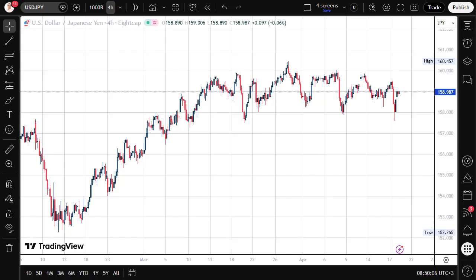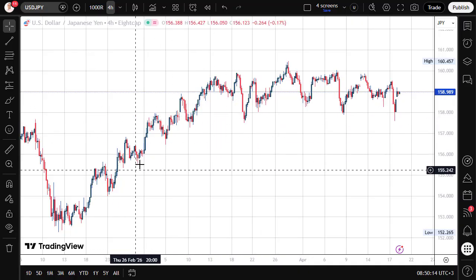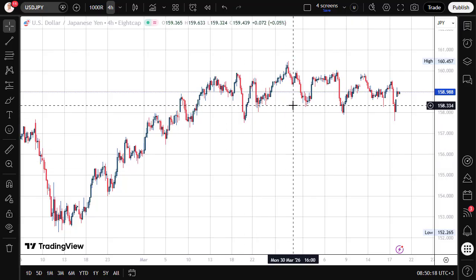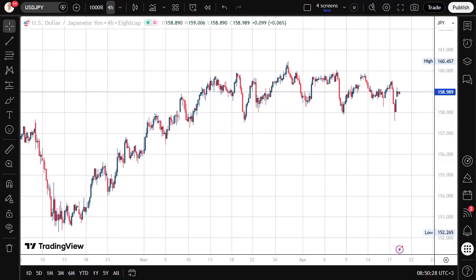What should you do? This is the thing. Before taking any trade, ask, what is the current market condition? Trend or range? Does my strategy work in this condition? Is momentum supporting the idea? If the answer is unclear, you either reduce risk or skip the trade.